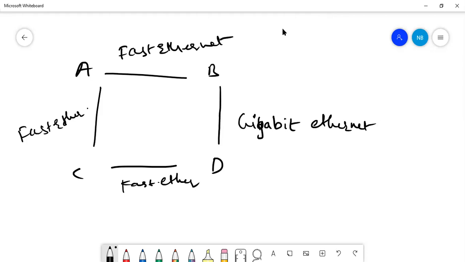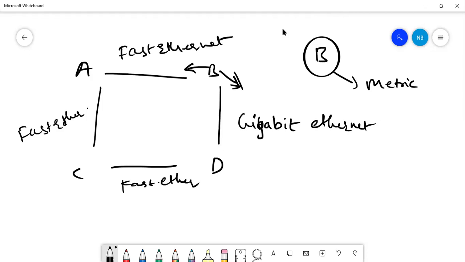So if B is sending an LSP, it has two choices to depend on. Just now we told you, if B uses a metric, it will select the higher bandwidth to send a particular LSP or a packet through its link or the route.